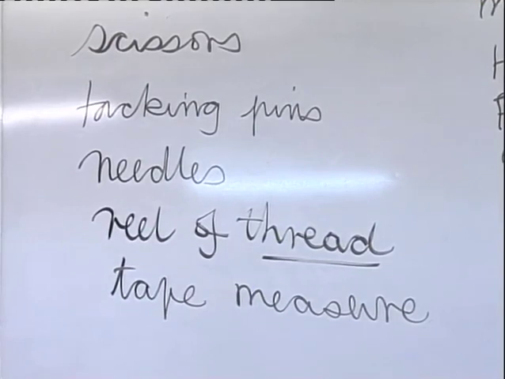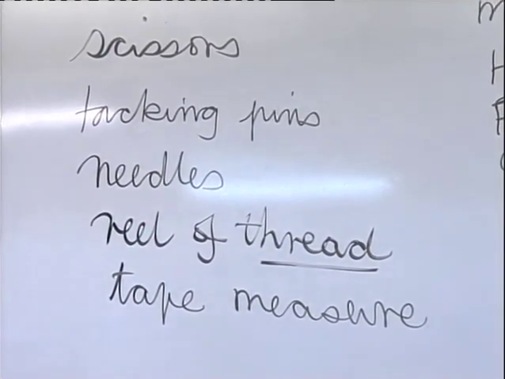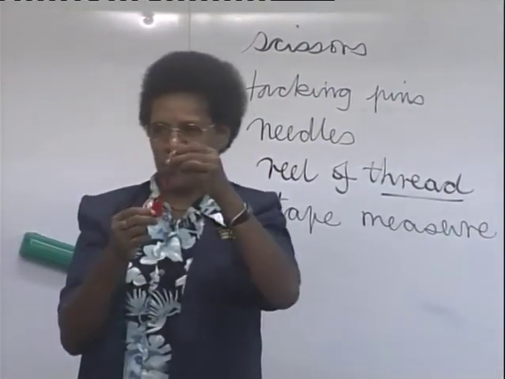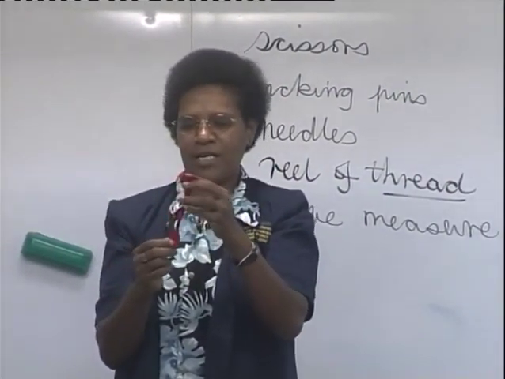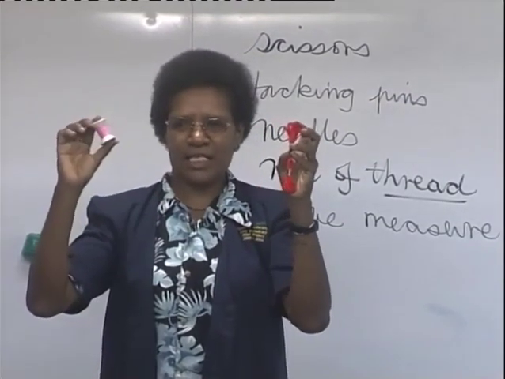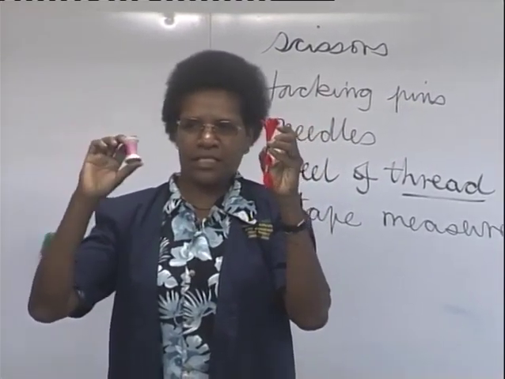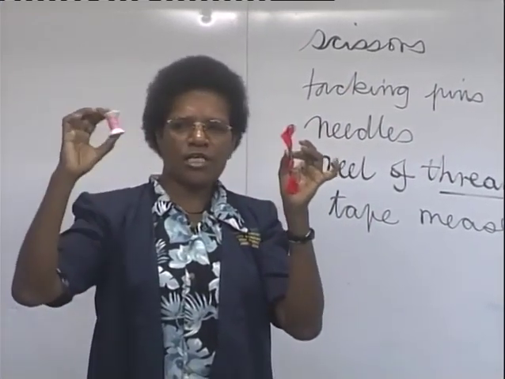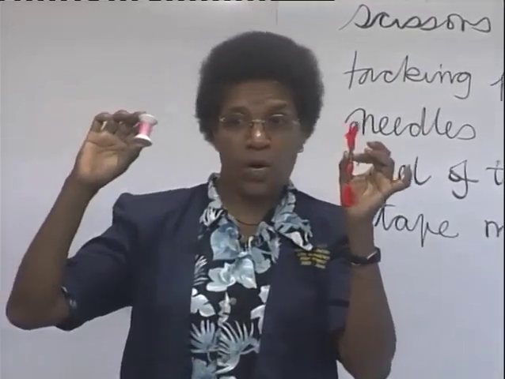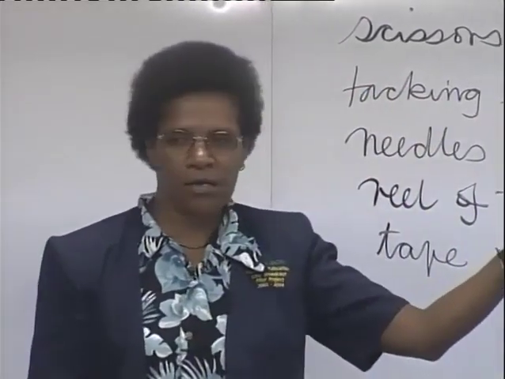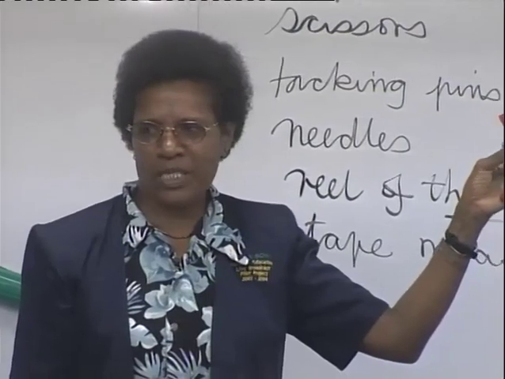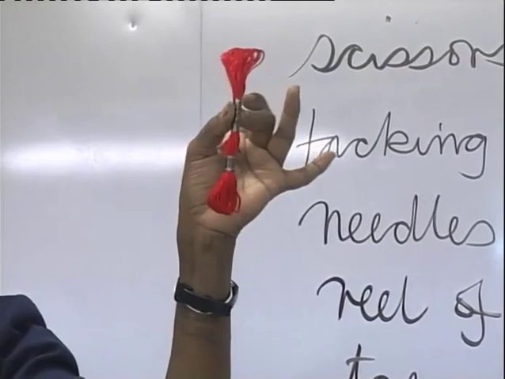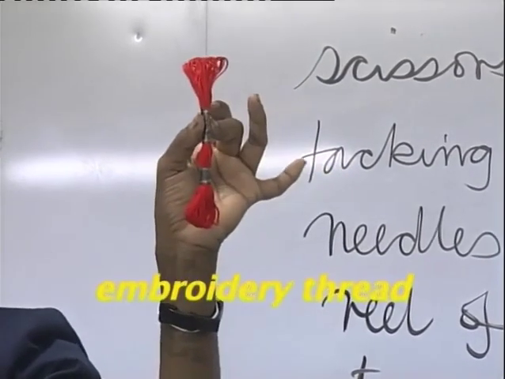Let's see. Last group, group 7. It's just like this, but it's a bit different from a reel of thread, normal thread used for sewing. Okay, it's called embroidery thread.